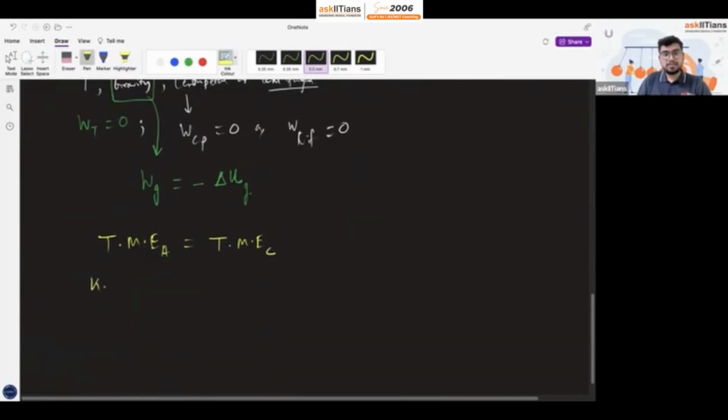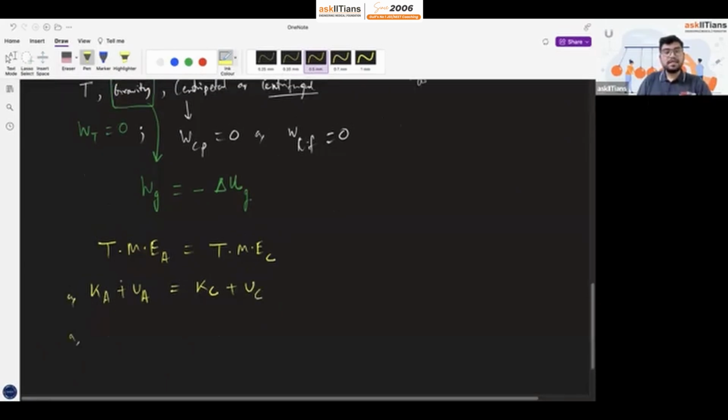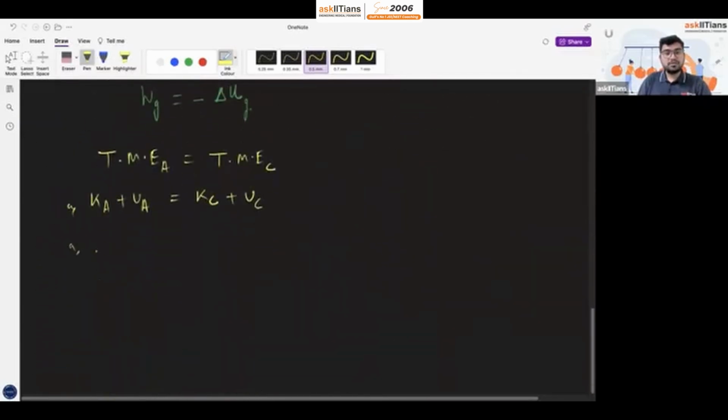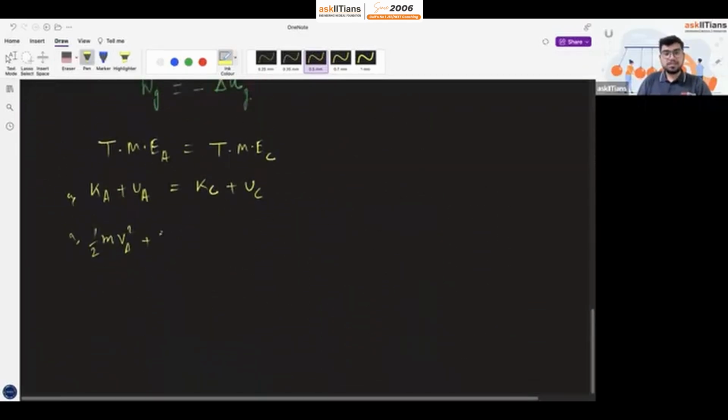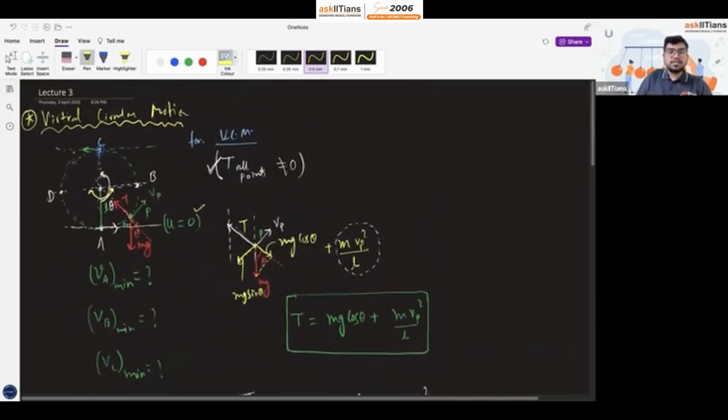Kinetic energy at point A plus potential energy at point A has to equal kinetic energy at point C plus potential energy at point C. Kinetic energy at point A would be half m VA square, plus potential energy at point A, which we have taken as 0, equals kinetic energy at point C, half m VC square, plus potential energy at point C.